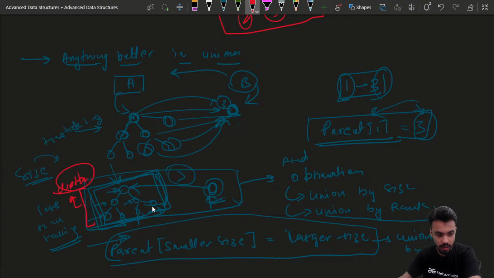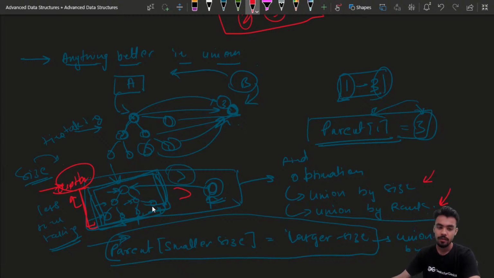If the depth of the tree is higher, that means the rank of this is greater than the rank of the other. So if you are taking depth into consideration and then applying optimization, that would be union by rank. And if you are taking the number of nodes into consideration, that would be union by size.